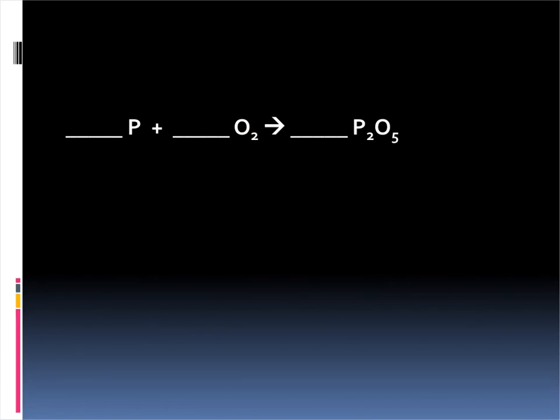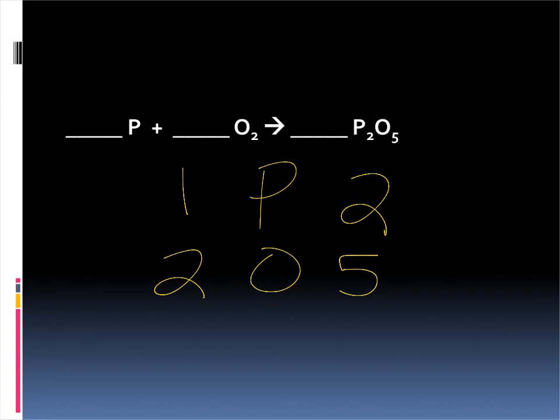Okay, and another example. So we got P and O. 1, 2, 2, 5. All right, so I need 2 P's on the first side, so I'm going to put a 2 in front. All right, now I need my oxygens to work out. Okay, again, how am I going to get 2 and 5 to be the same number?